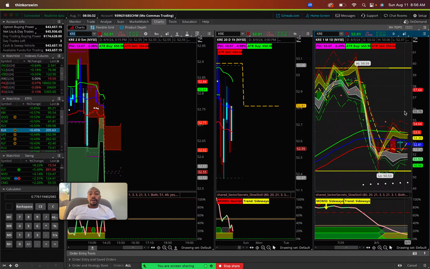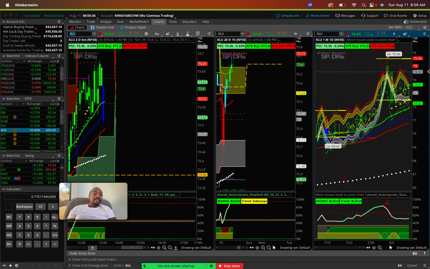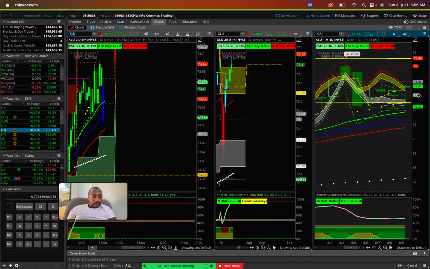So we're looking at XLU, and this is just for Monday. I'm looking at this level right here, 72.50 for a swing to get back up to like 73, 74, at least for an initial target. So around 72.50 on XLU.